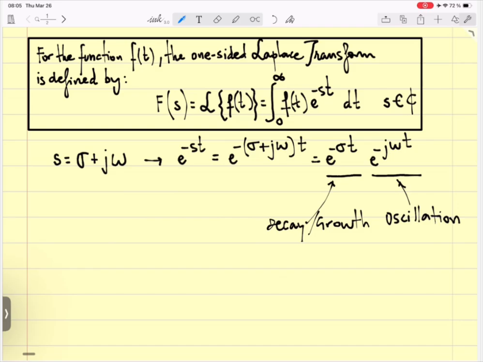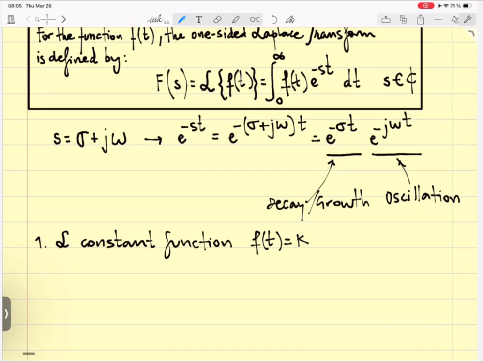So the first one is the Laplace transform of the constant function. So if f of t equals a constant k, let's compute the Laplace transform.